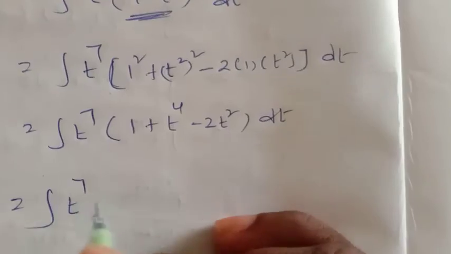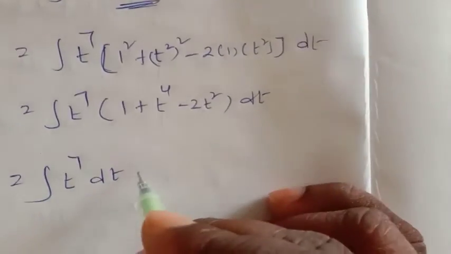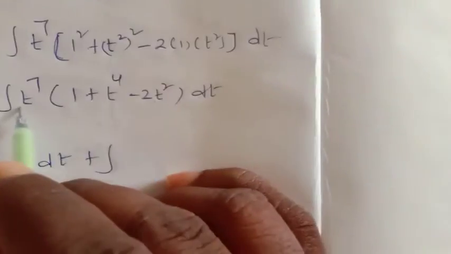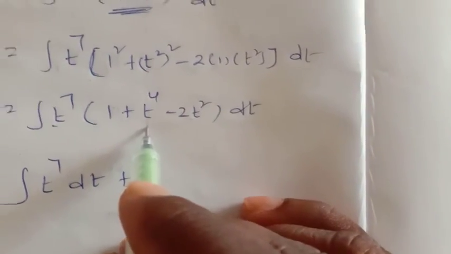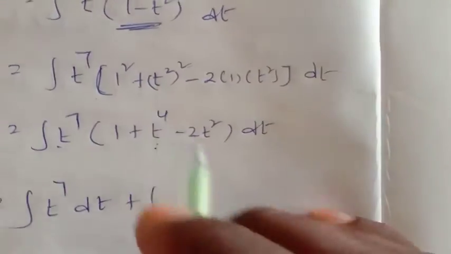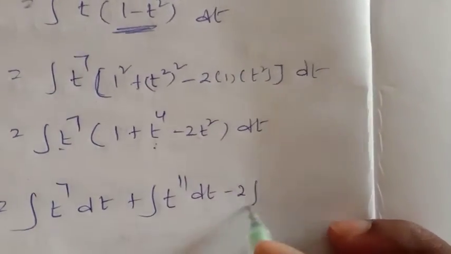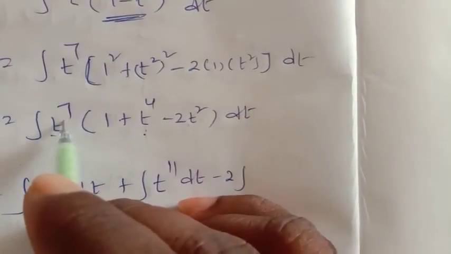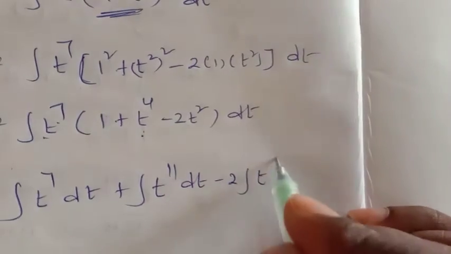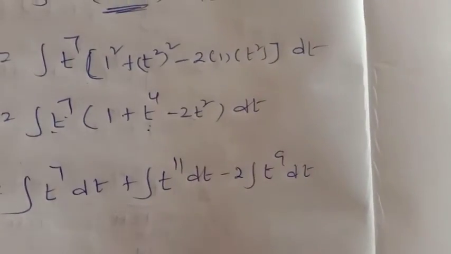Therefore t to the power of 7 into 1, t to the power of 7 dt, plus t to the power of 7 into t to the power of 4, that is a to the power of m into a to the power of n, that is t to the power of 11 dt, minus 2 coefficient, t to the power of 7 into t to the power of 2, that is t to the power of 9 dt.